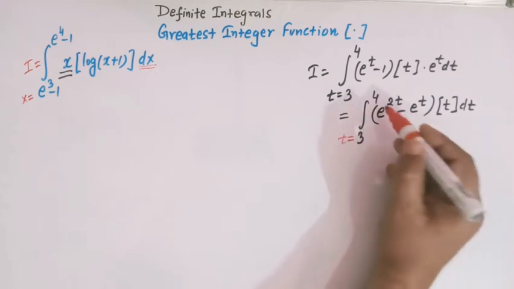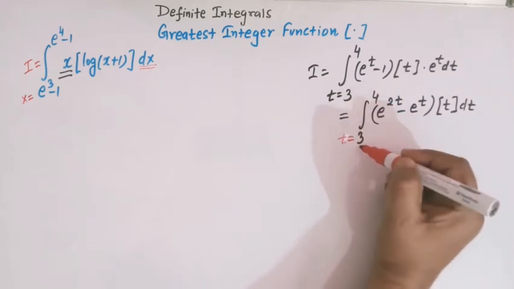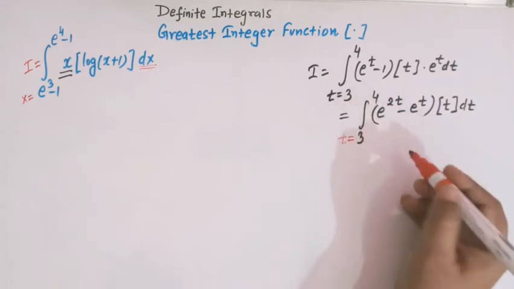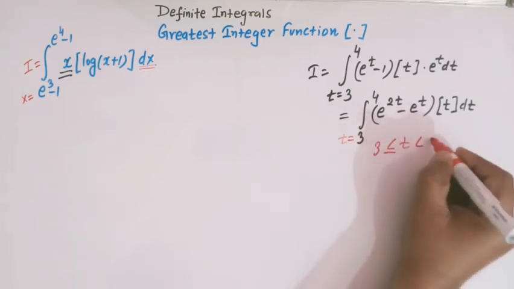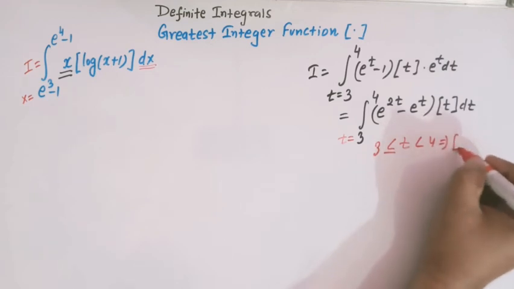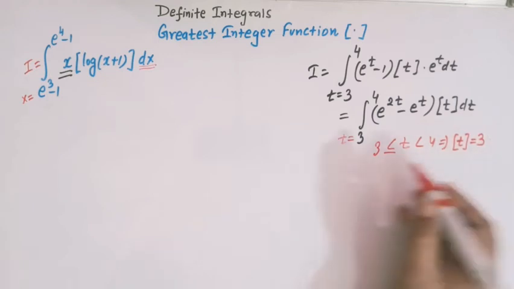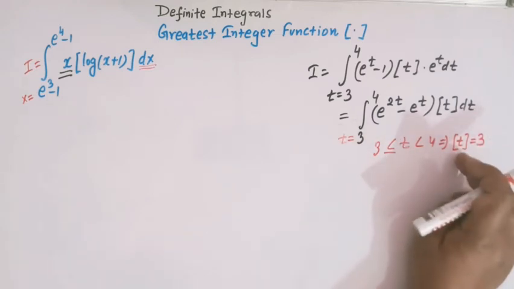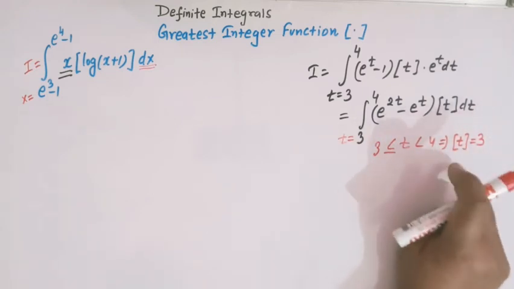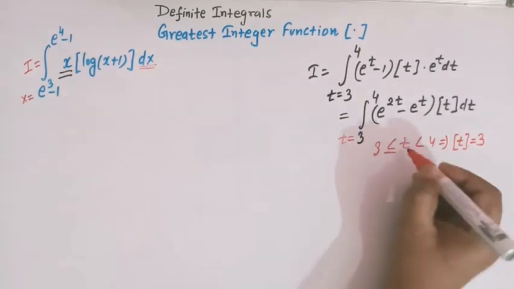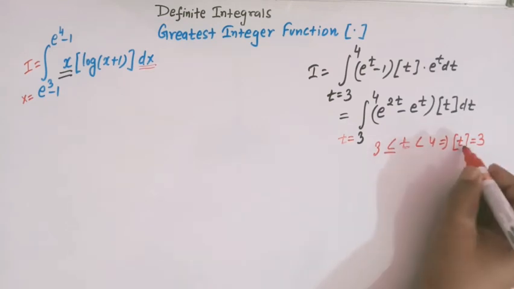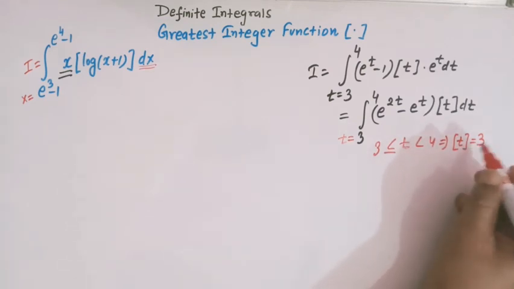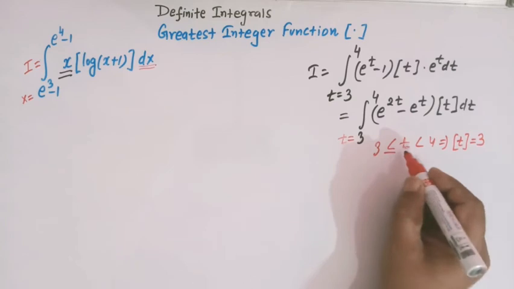Now here we have to make use of the definition of greatest integer function, and here we see that the limits of integration are from 3 to 4, right? So when t varies from 3 to 4, then the value of greatest integer t is equal to 3, right? So the value of greatest integer t is 3 due to the definition of greatest integer function, because t lies between 3 and 4, right? So we can verify this expression by taking some special values of t.